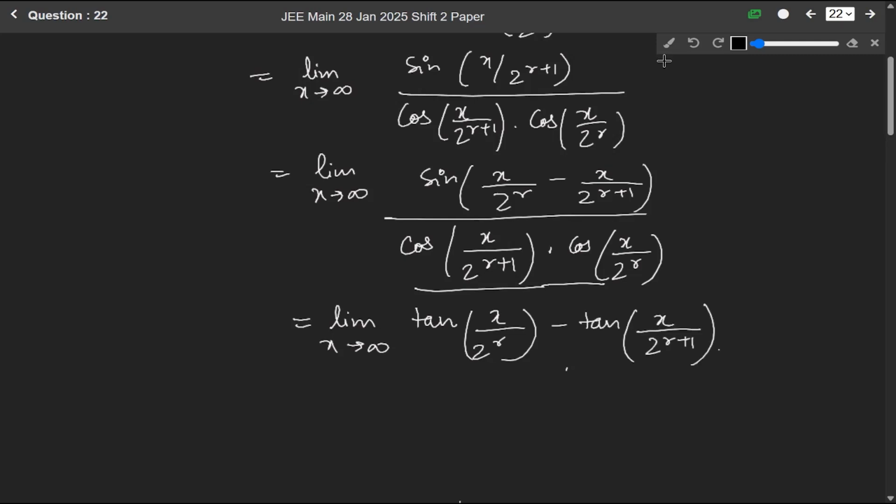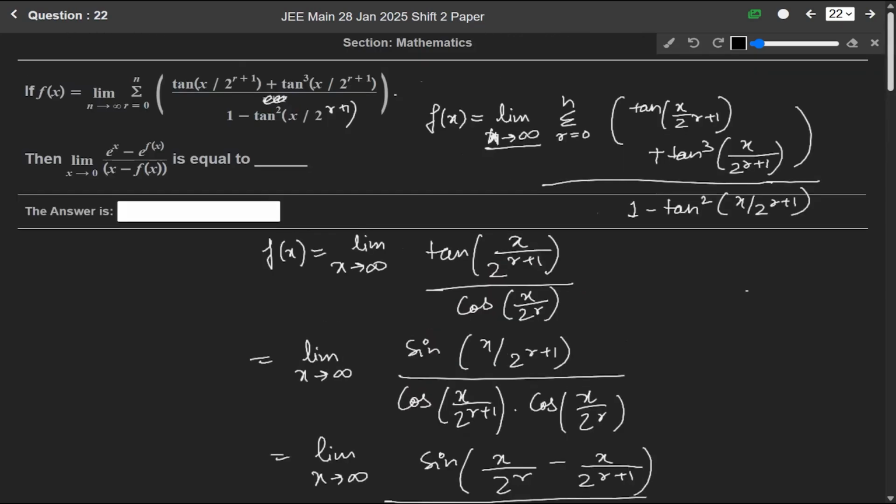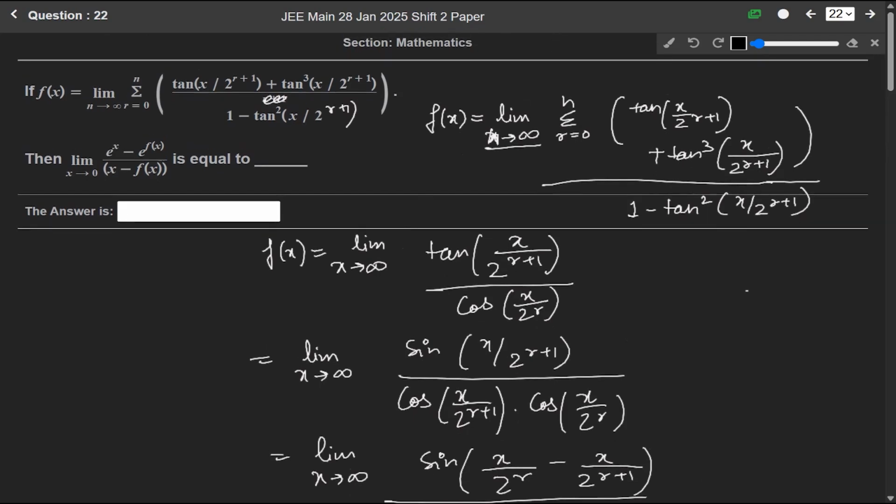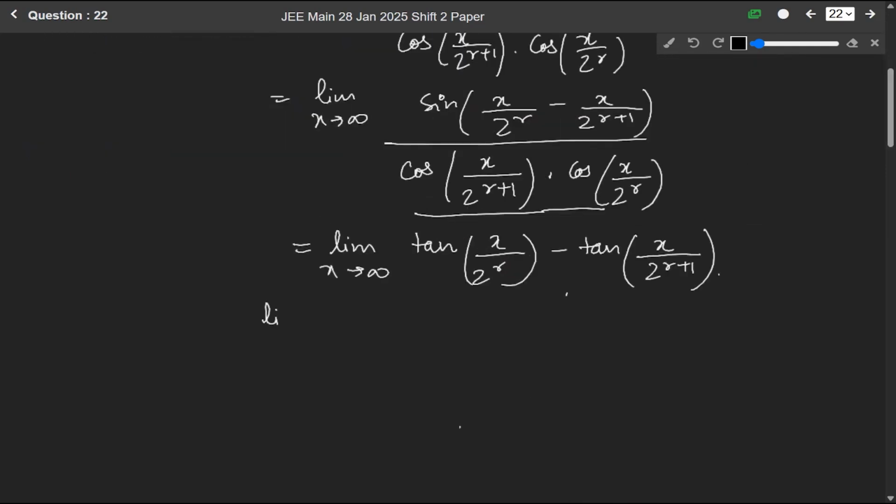Okay. And we have to find limit x tends to 0 of (e^x minus e^f(x)) over (x minus f(x)). Here it is given as n tends to infinity and sigma r equals 0 to n.